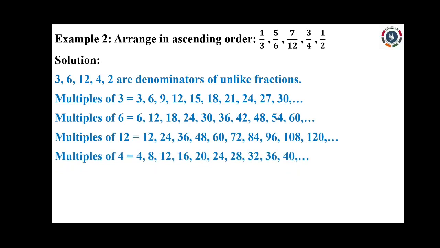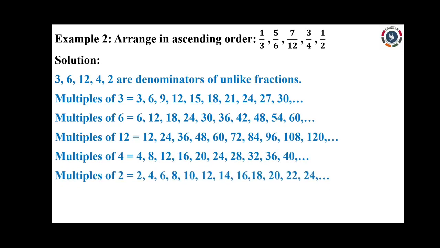Multiples of 4: 4, 8, 12, 16, 20, 24, 28, 32, 36, 40 and so on. Multiples of 2 are 2, 4, 6, 8, 10, 12, 14, 16, 18, 20, 22, 24 and so on.